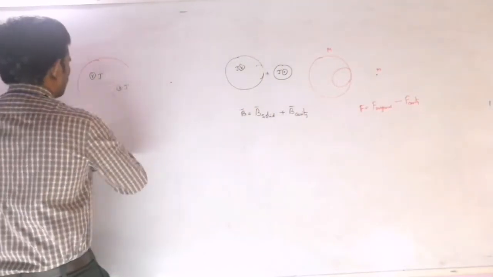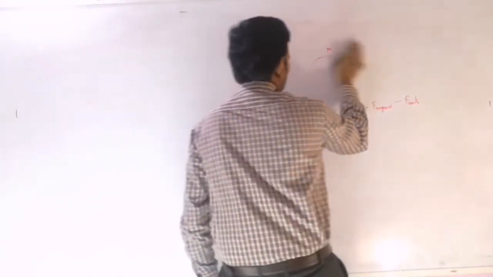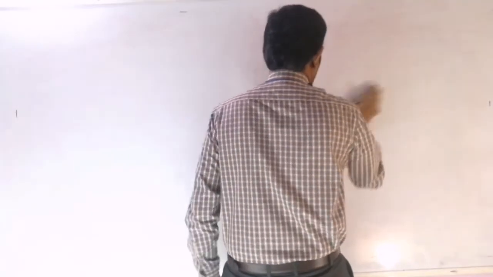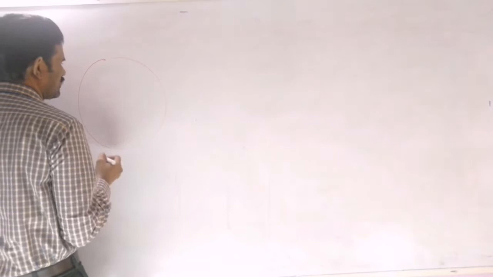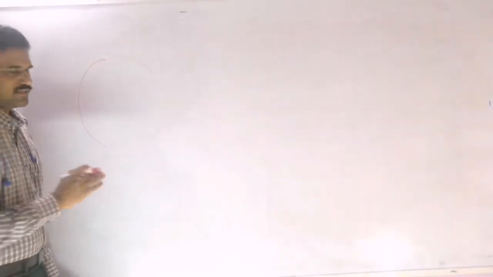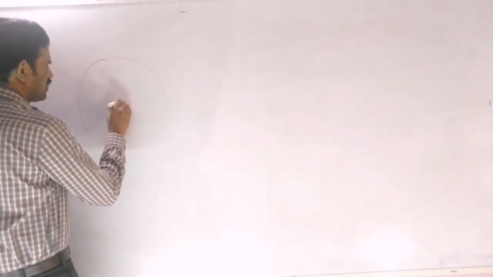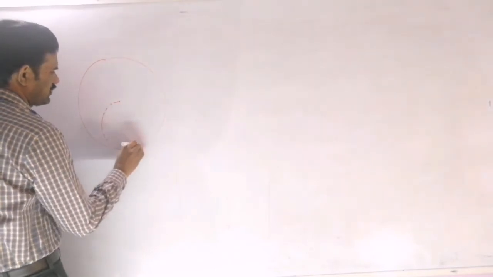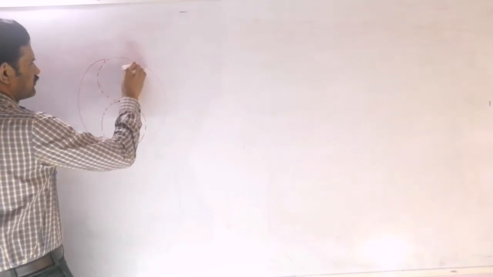Based on this, I will give two sums here and solve those problems. So now here this is a long cylindrical conductor. I am taking this cross-section view, and two spherical cavities are there. Say this is one spherical cavity and this is another spherical cavity.